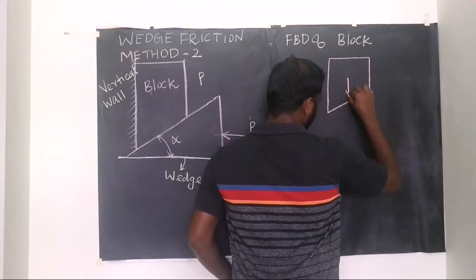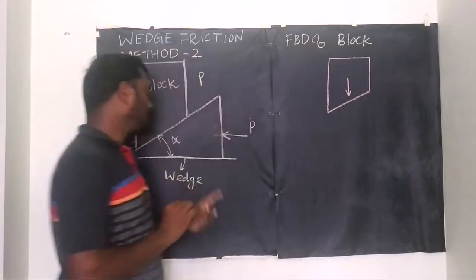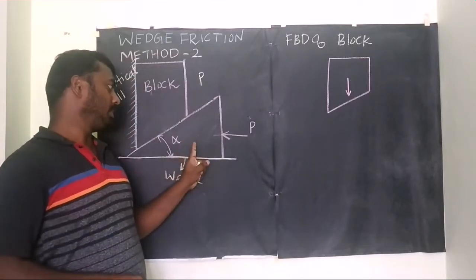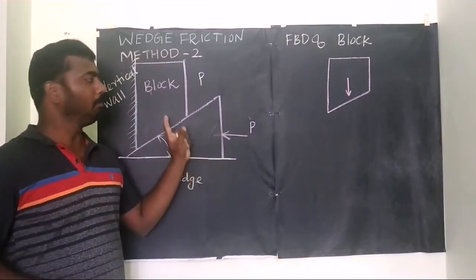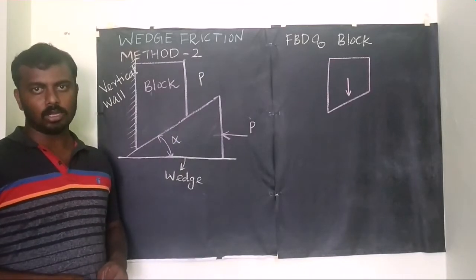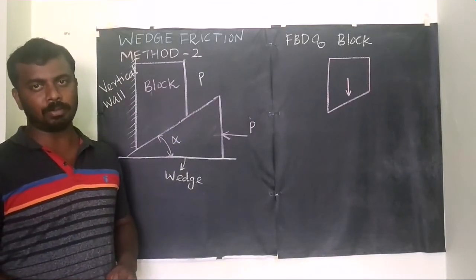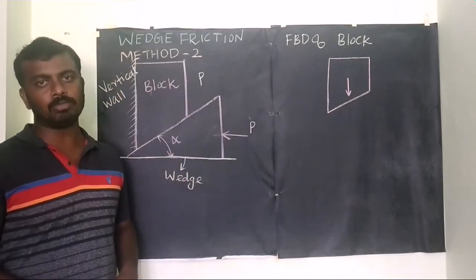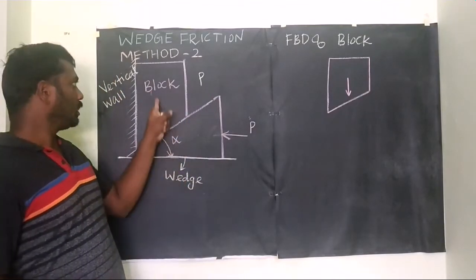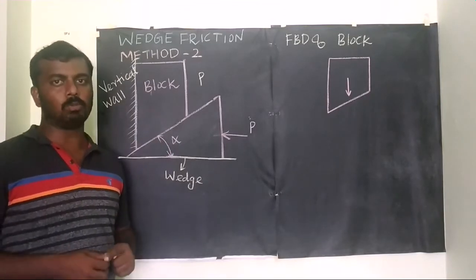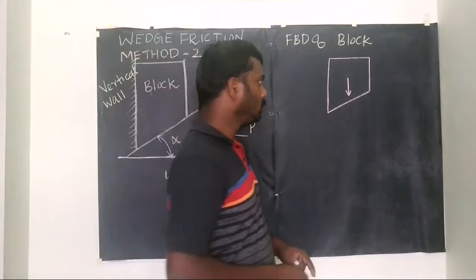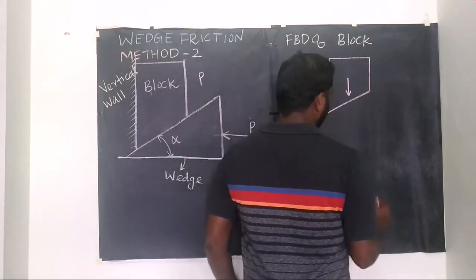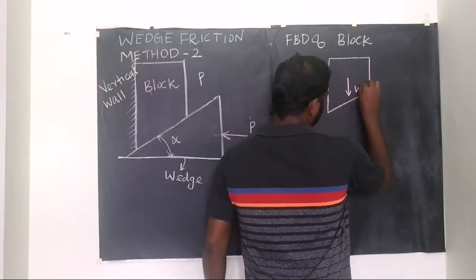In the previous case, the self-weight of wedge is not mentioned because the weight of wedge is very less compared to weight of heavy block. So we did not mention self-weight of wedge on its free body diagram. But here this block has huge mass, so we should mention the self-weight of heavy block, that is mentioned by letter capital W.